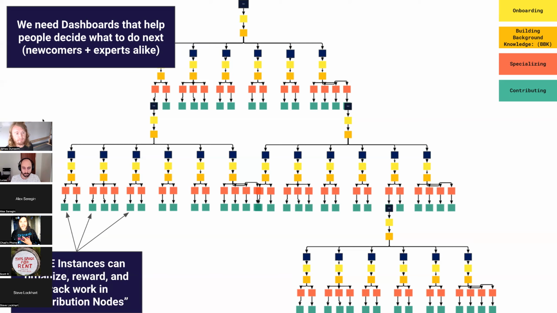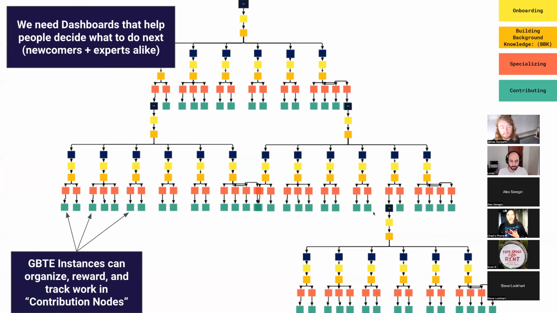We can then use multiple instances of the GBTE in different contribution nodes to organize, reward, and track work. This is a critical thing about how the GBTE is being built. We're trying to build a tool and the documentation so that anybody can grab it and create their own instance of it with their own tokens if they want to.